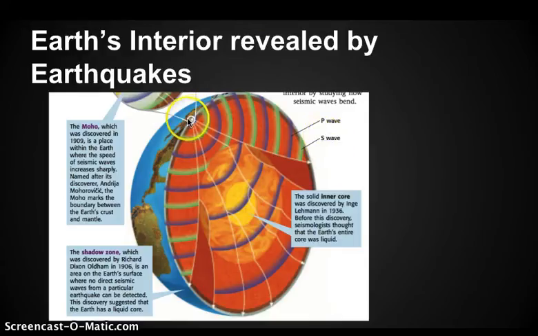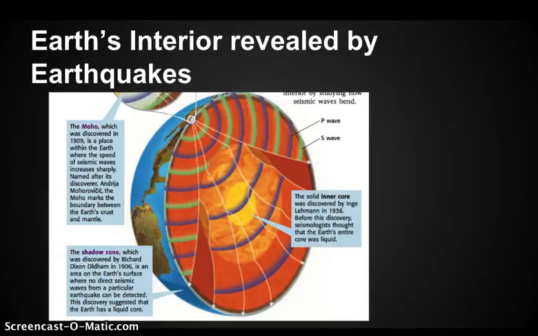When an earthquake happens, the wave travels through the earth, but because of the liquid part of the outer core, some of the waves are refracted or bounced and eventually change directions. Some waves, like this green one, the secondary wave, doesn't even go. It hits here and disappears, because secondary waves can't travel through liquids.